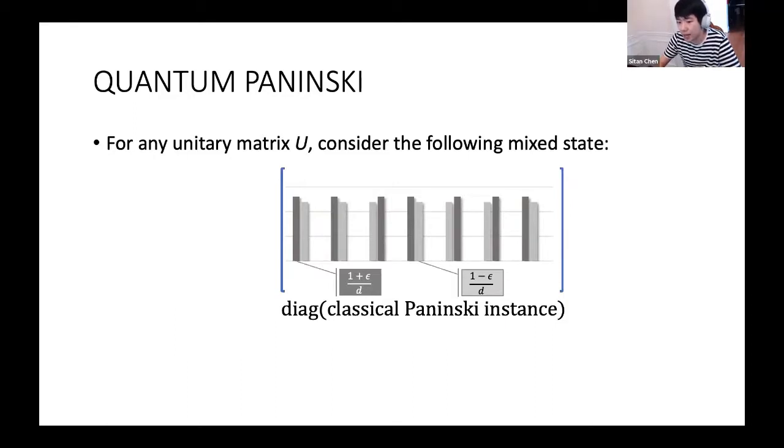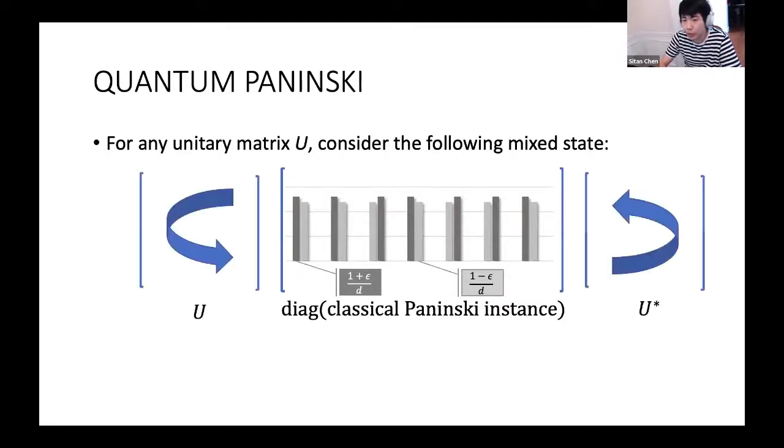You can think of this as a probability distribution where half of the elements have probability (1 plus epsilon) over d, and half of the elements have (1 minus epsilon) over d. The particular d over 2 elements you pick to have the larger of the 2 probabilities doesn't really matter. Okay, so this is some diagonal matrix, and rho sub U is just defined to be the conjugation of this diagonal matrix by the unitary matrix U. Okay, so this is the lower bound instance.